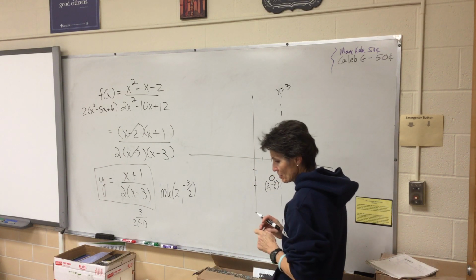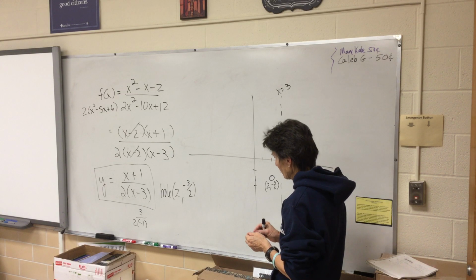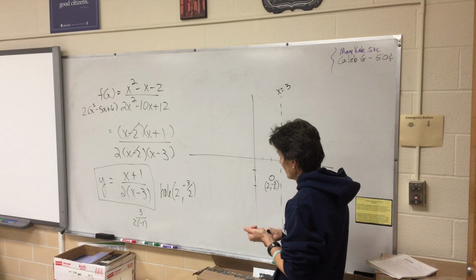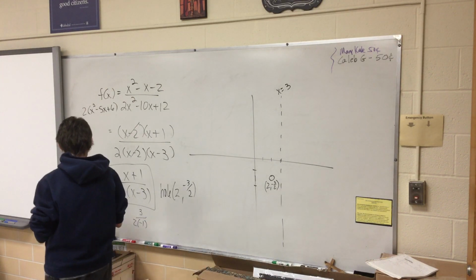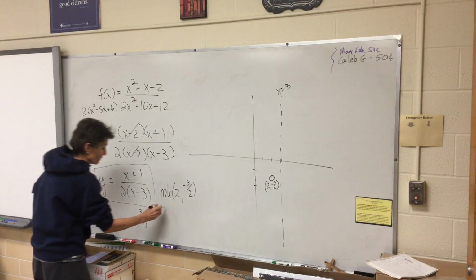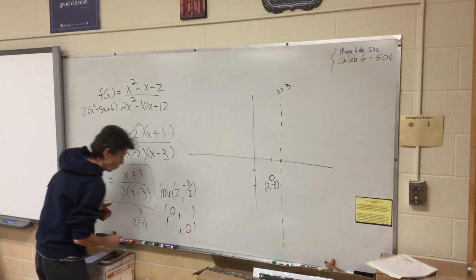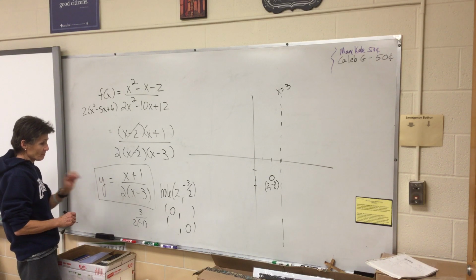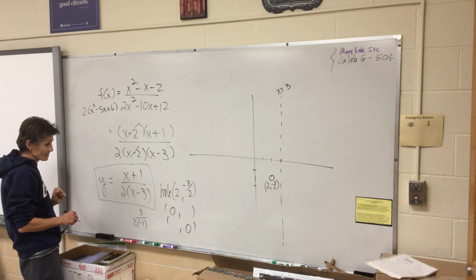Where are your intercepts? How do I find my intercepts? You put the zeros in. Yep, I put the zeros in, so I'm going to get a couple more points. And for one of them, I'll let x be 0, and for the other one, I'll let y be 0.